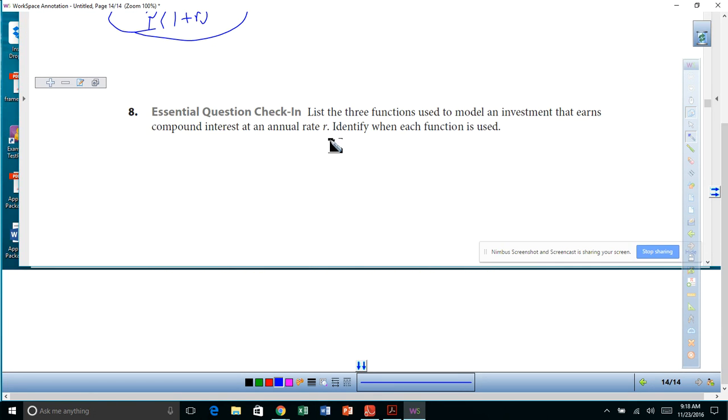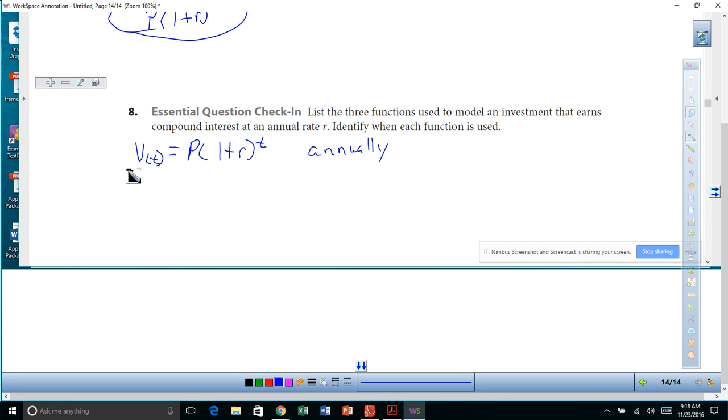Let's see here. Maybe this will wrap it up quick. List the three functions used to model. So you've got V sub t equals p times 1 plus r to the t. Now that's if it's compounded annually. All right.